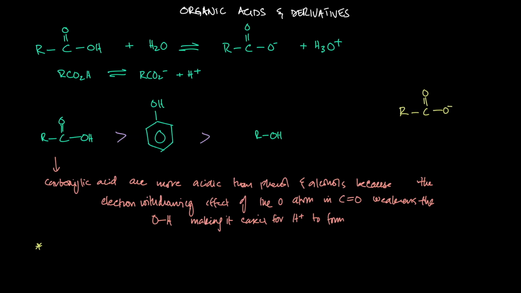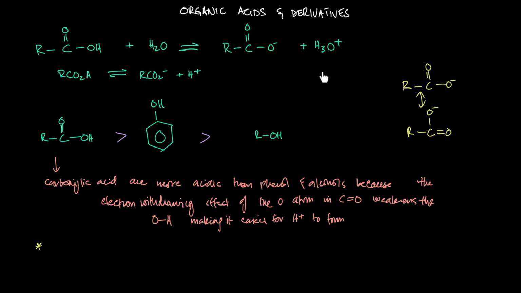This can also be represented as this over here. These are called resonance structures. Again, as I mentioned, you don't need to draw resonance structures. The purpose of drawing a resonance structure is that these two different structures are equally as likely when this dissociates. The negative charge could be on this oxygen or on this oxygen.